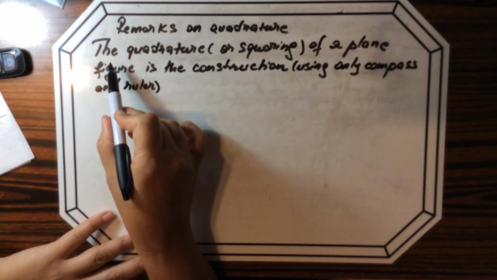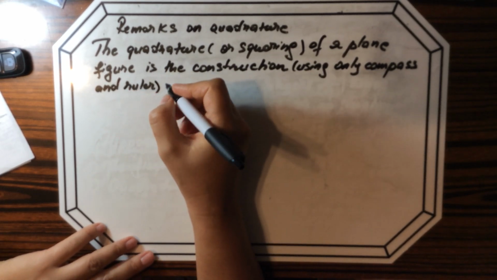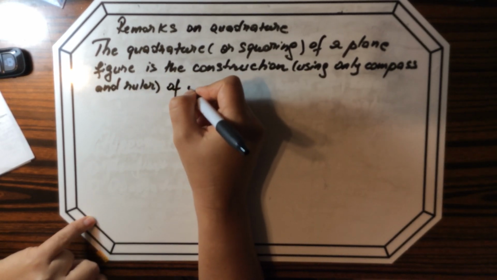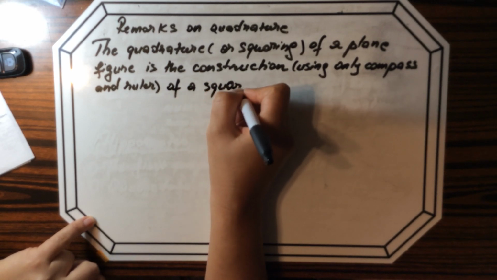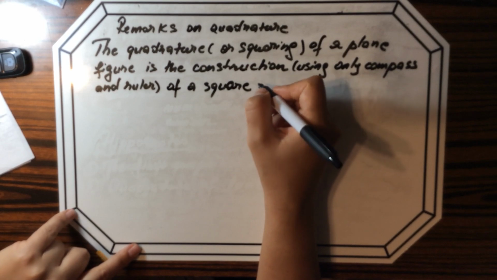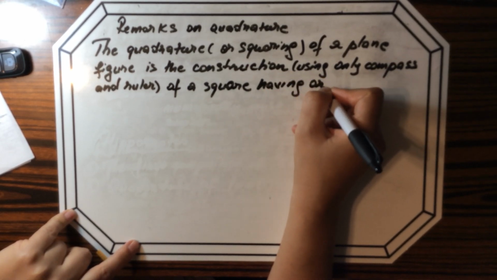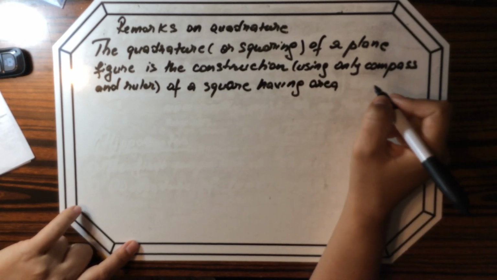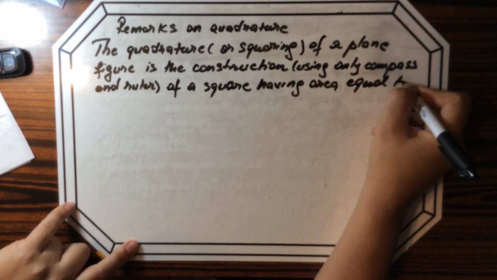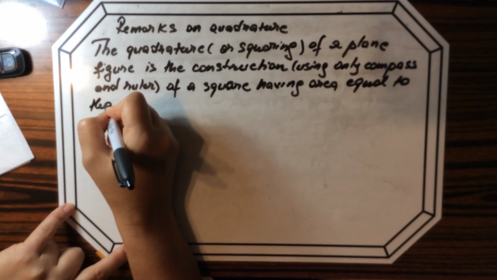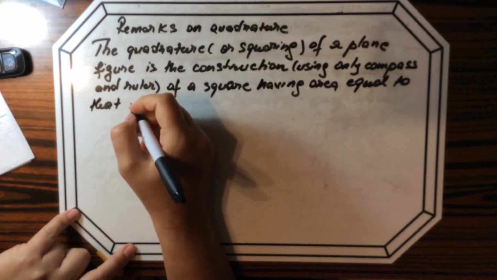So the quadrature of a plane figure is the construction of a square having area equal to that of the original plane figure.